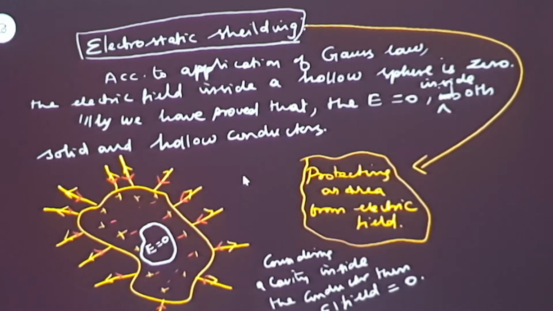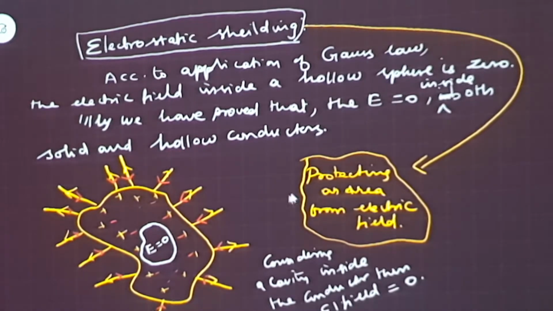If it is negative, it will act inwards. Inside this conductor, consider a small opening or a cavity, a hole like that. Inside that cavity, according to the concept, the electric field is zero.